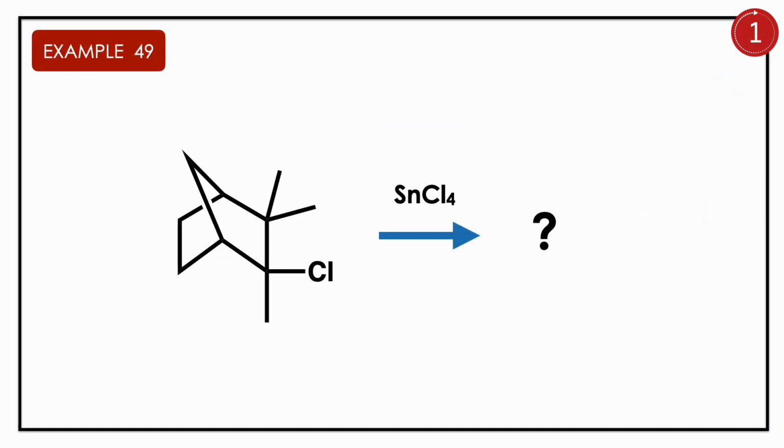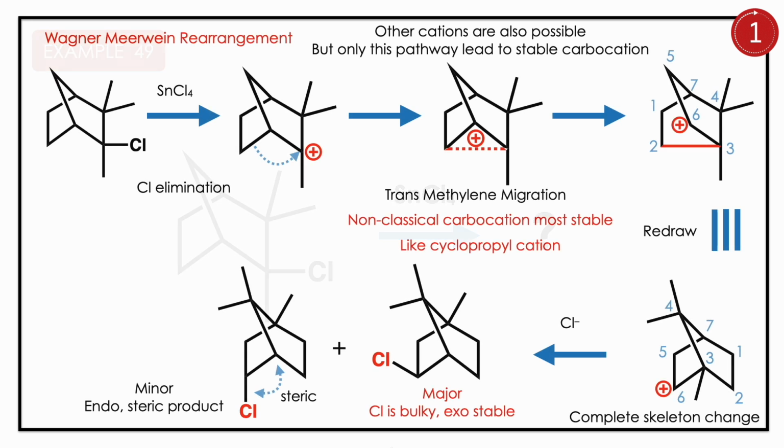Then the next example, you have a norbornyl system, which is a bicyclic compound with chlorine and a 3-methyl group. You are reacting with tin chloride. We should find what will be the final product. Here the reaction is the same but you are using a different reagent. So what really happened? It will abstract the chlorine. Chlorine elimination happened.